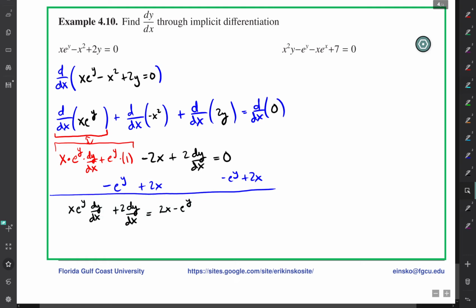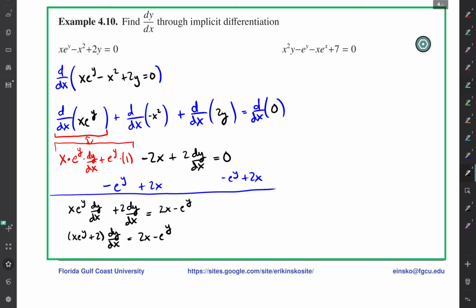To isolate dy/dx, you need to factor. So you factor this and you get x e^y plus 2, times dy/dx, is equal to 2x minus e^y. You can check that you factored correctly by multiplying in dy/dx again. You should get the line right above it, which I do.